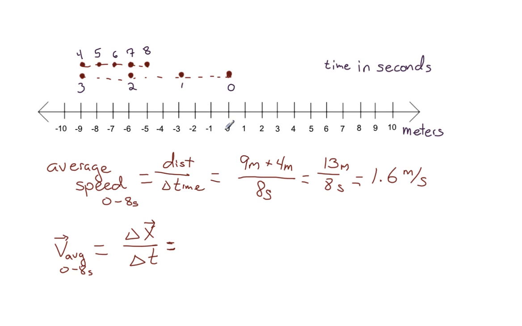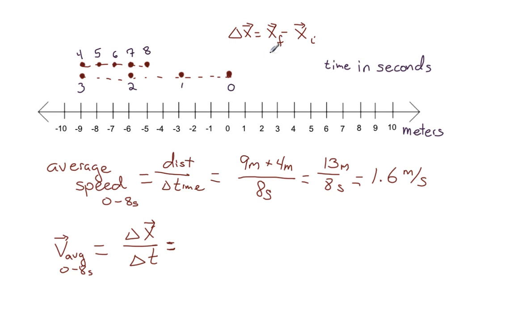The total displacement, if the object starts here at a position of 0 and ends here at a position of -5, you'll remember from a previous lesson that displacement is final position minus initial position. And these are getting little arrow hats just to show that they have directions. Your position is a directional quantity.